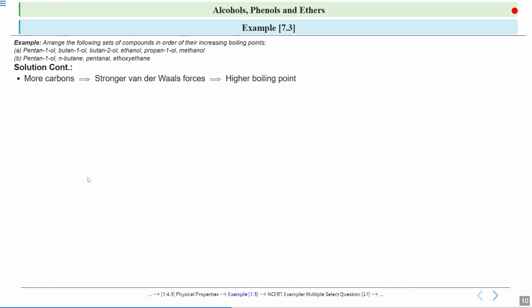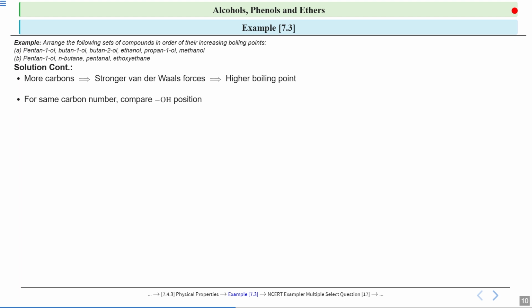Now let us continue the solution. You know that if there are more carbons, there are stronger van der Waals forces. If the van der Waals force is more, you have to provide more energy for the molecules to separate, so the boiling point will be higher.